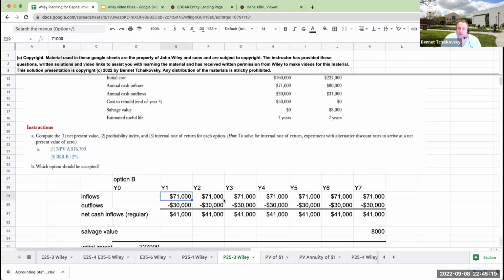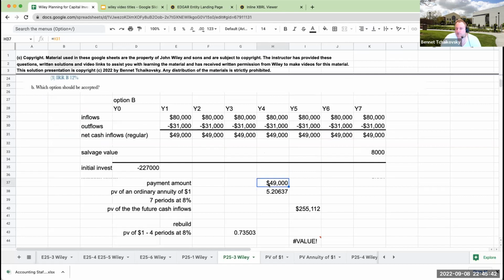So let's take a look at the numbers. My inflows here are 80,000. My outflows are 31,000 per year. So my cash flows over here are going to be 49,000 per year.